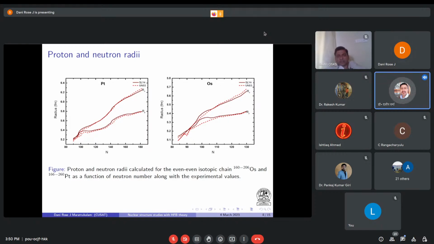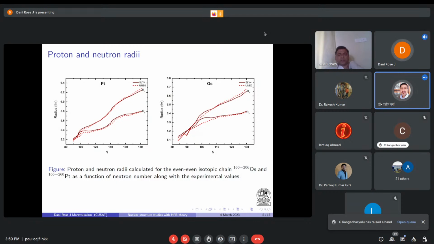You are writing here proton and neutron radii. Proton and neutron radii cannot be of this order and increase with neutron number. I doubt there is something wrong. The heading should be, I think, the radius of the isotopes with adding proton and neutron. Yeah, it may be like that.